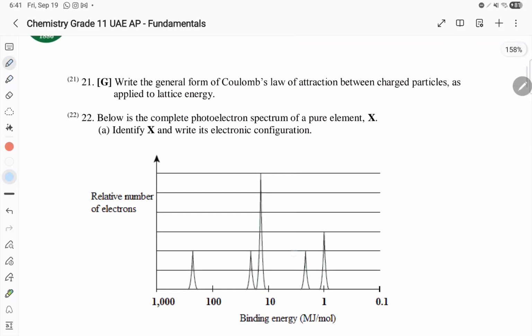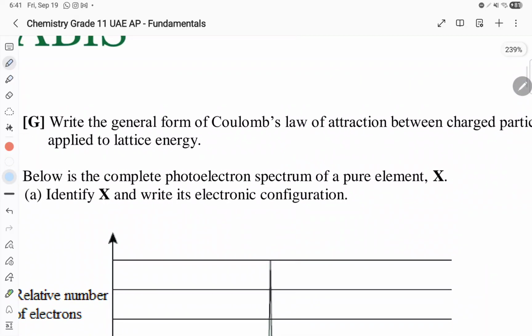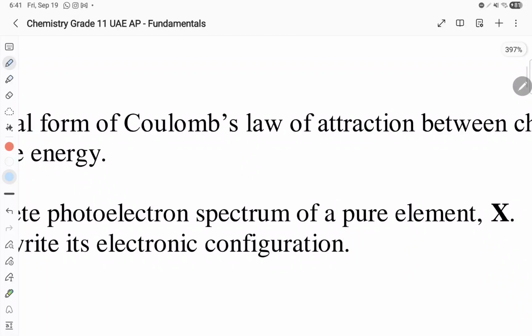Now write the general form of Coulomb's law of attraction between charged particles as applied to lattice energy. They just want you to write Coulomb's law. Coulomb's law is energy equals a constant K times Q1, which is charge 1, times charge 2, over R. What is R? R is the radius or the distance between the centers of the charges.